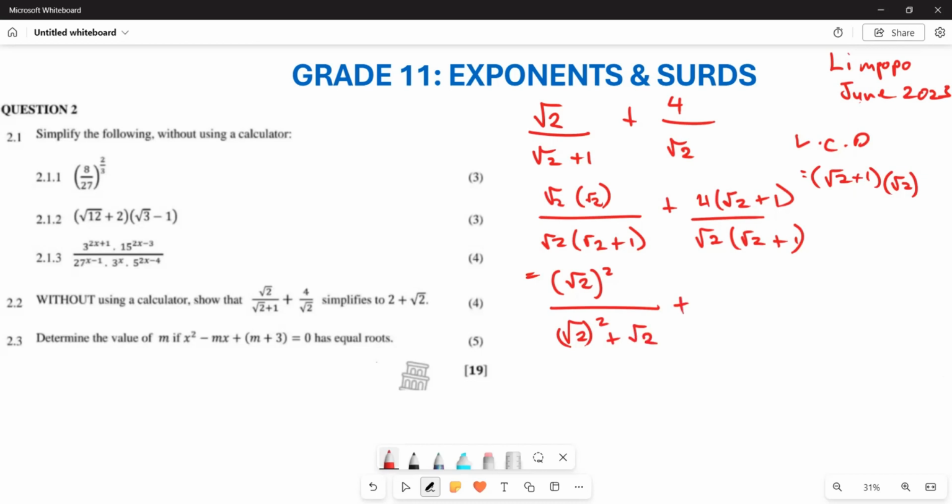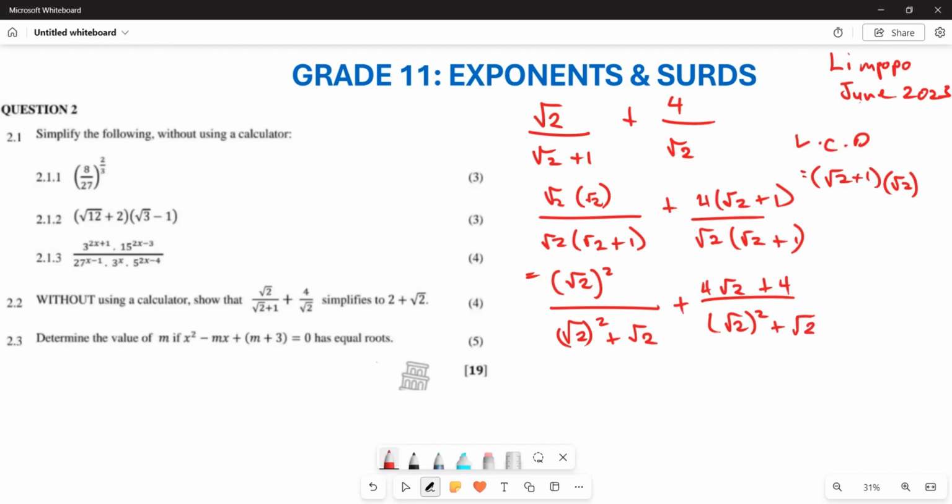Now, if you multiply this one here, this is going to be the same as 4 root 2 plus your 4. And then when you divide here, this is the same as root 2 close bracket squared plus 1, right? Now, remember, plus your root 2, not 1, but rather your root 2.